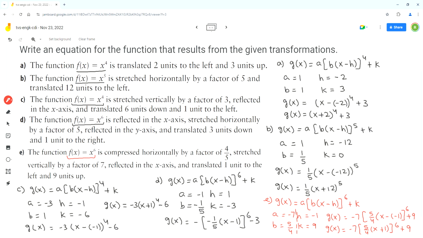So this should be the final answer for part E. So these are the steps you have to keep in mind to solve a problem like this one.